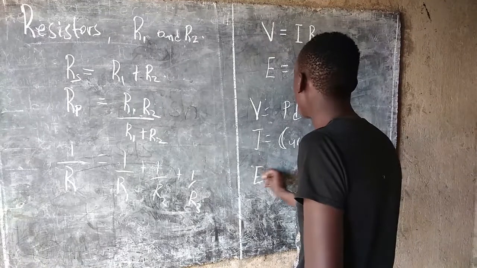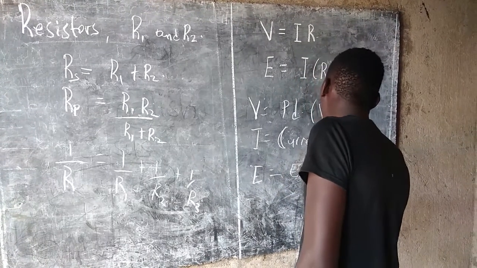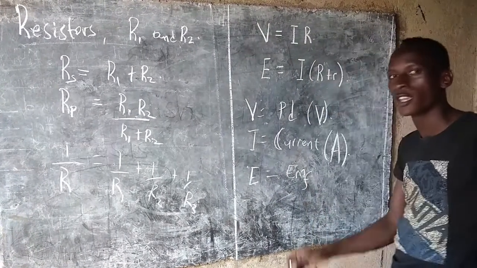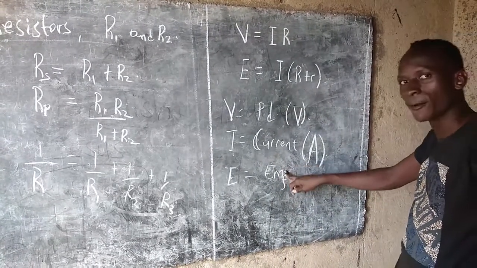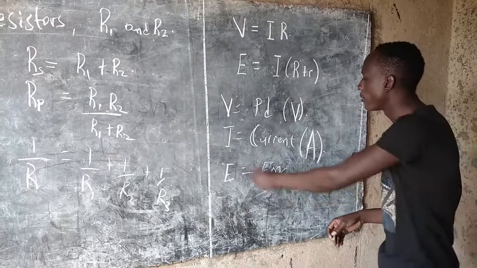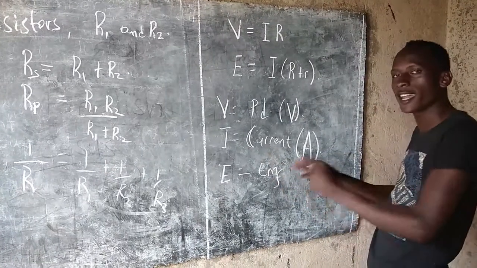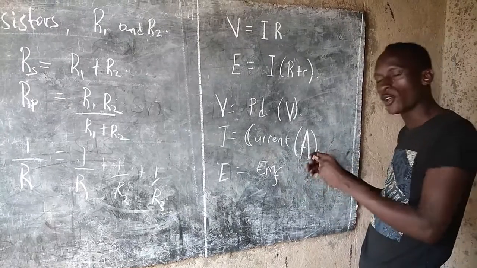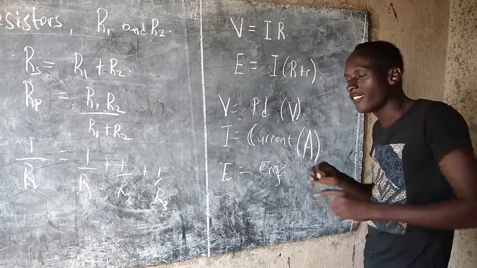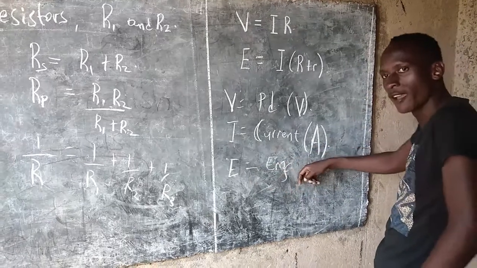This E means the EMF of the cell. If you talk about EMF, you are talking about the electromotive force of the cell. So think of this as the driving energy. When the cell is supplying current, the driving energy to move that column of charge in the entire circuit is what we call EMF.